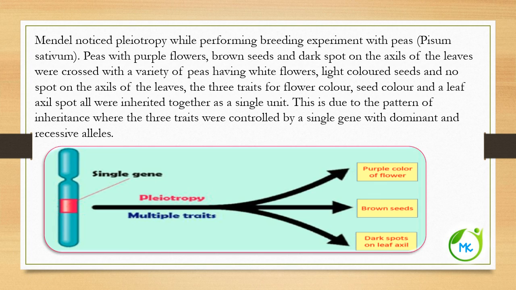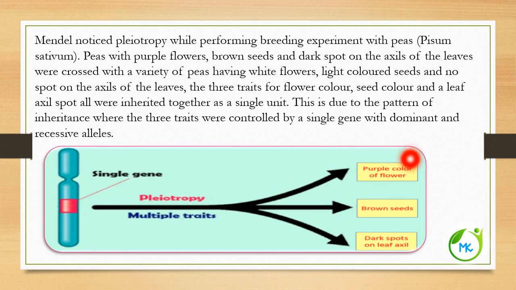The three traits for flower color, seed color and leaf axil spot were all inherited together as a single unit. This is due to a pattern of inheritance where three traits were controlled by a single gene with dominant and recessive alleles. So this gene is responsible for multiple traits.